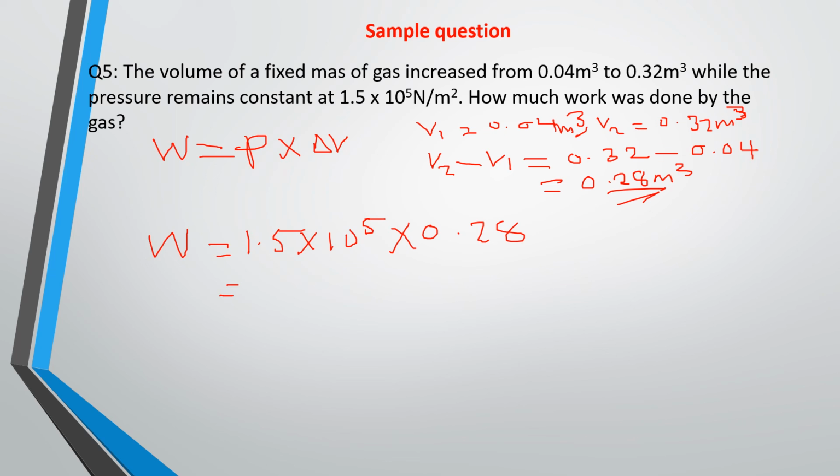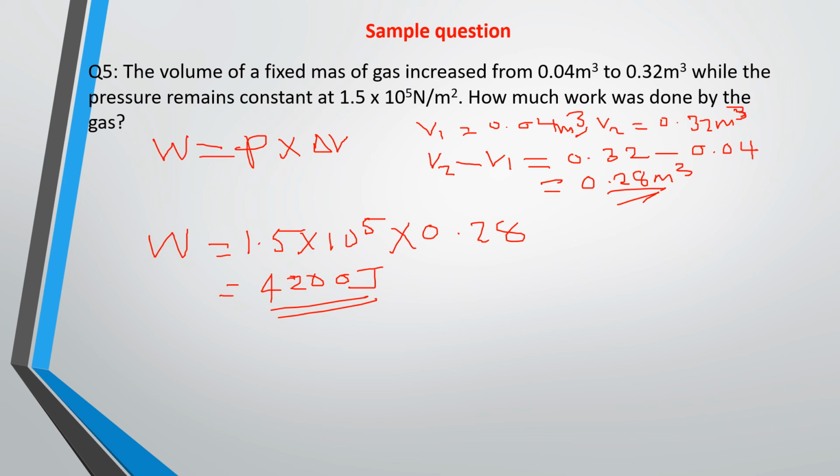When you work that out, you are going to have 4,200 joules of work done. Okay, so this is how to apply the equation for the work done by an expanding gas. I hope this is basically easy for you to understand and comprehend. All right, so thank you so much.